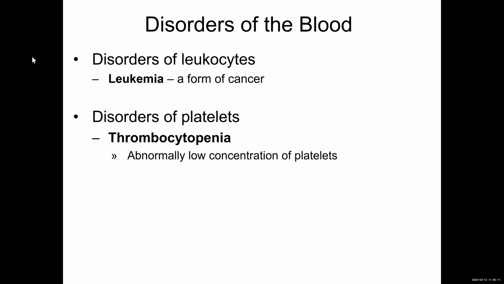Here are some more disorders of blood, like leukemia, a form of cancer that affects white blood cells, and thrombocytopenia, an abnormally low concentration of platelets, which affects the blood clotting ability of a patient.